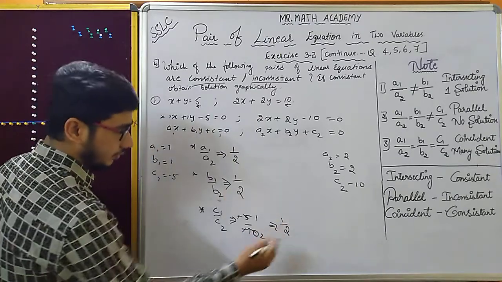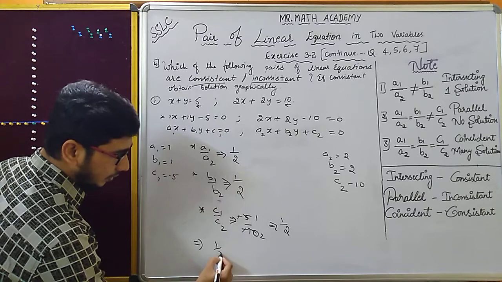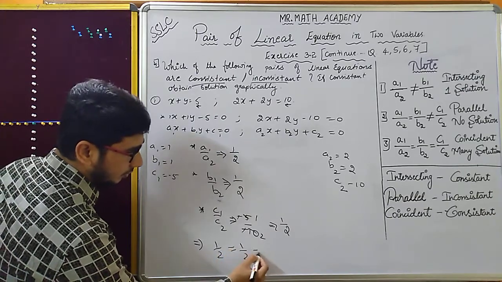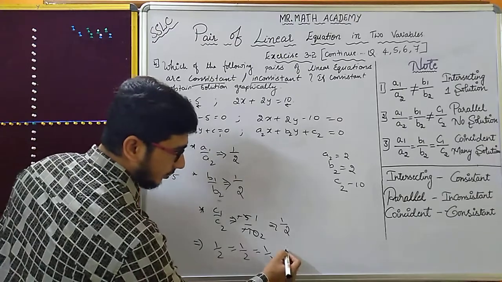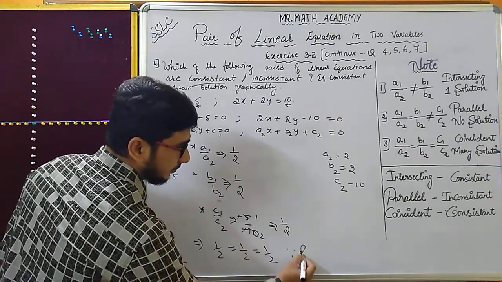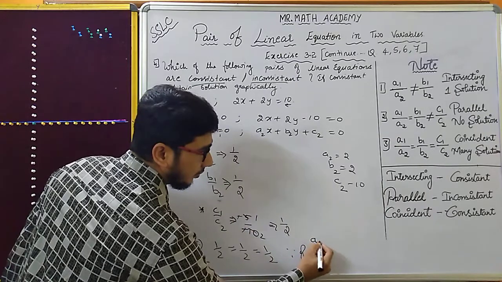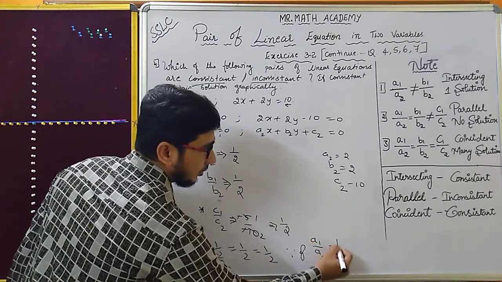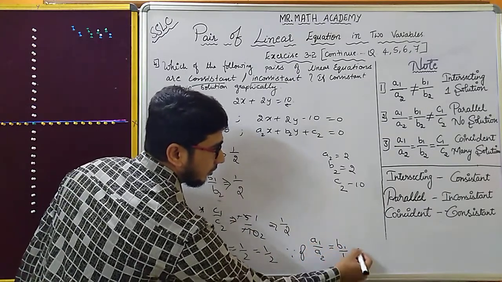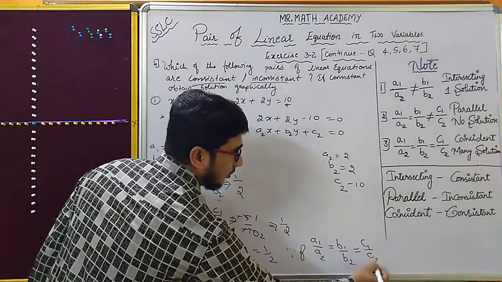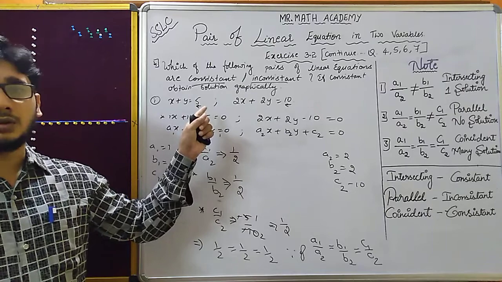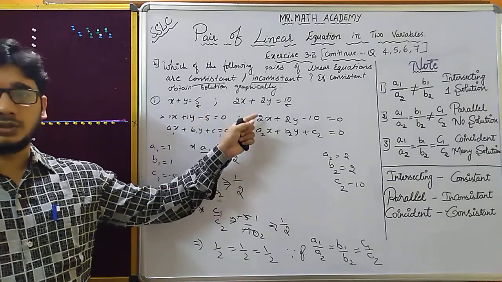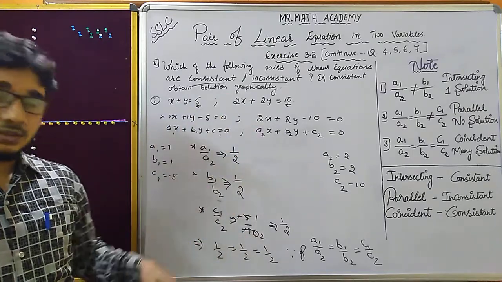So all are equal: a1 by a2 is equal to b1 by b2 is equal to c1 by c2. These linear equations are consistent.